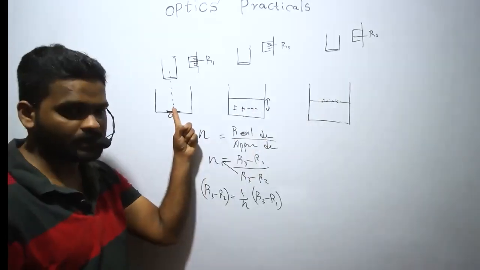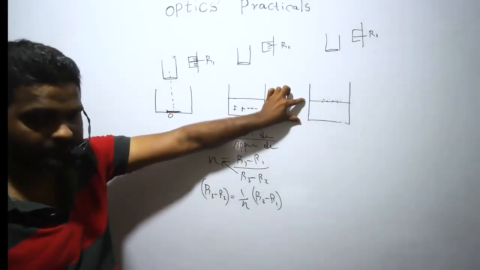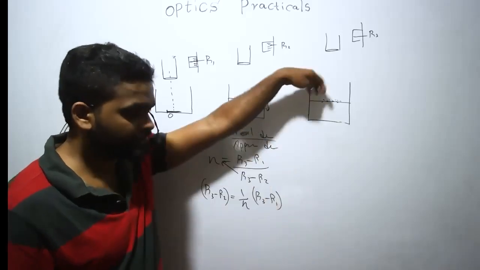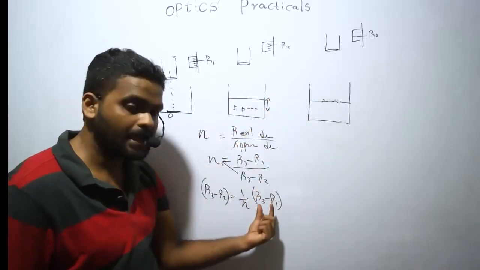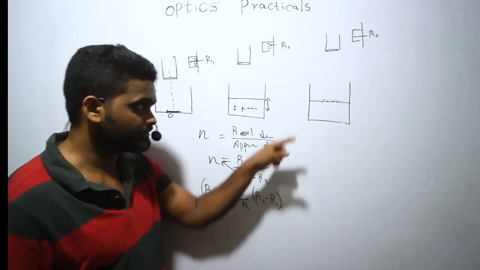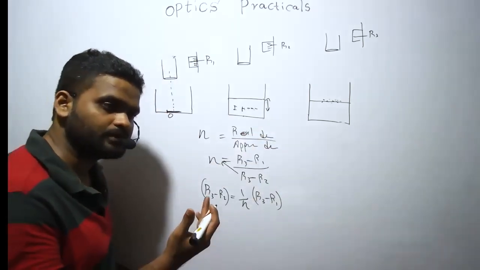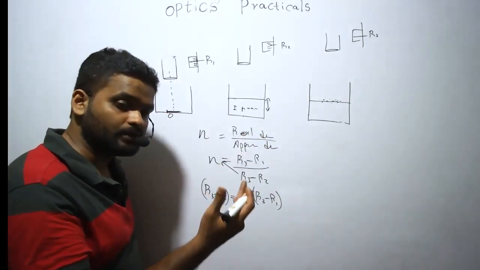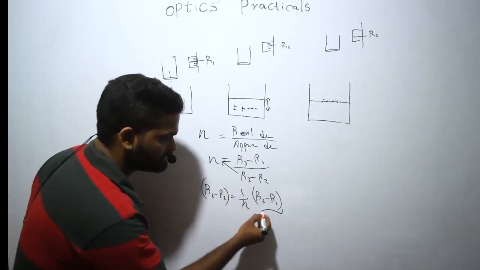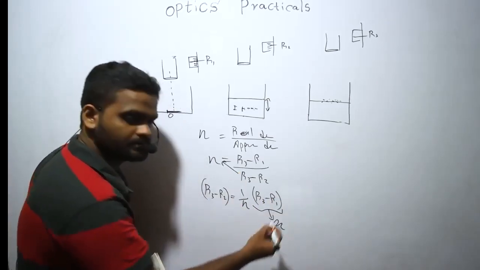R3 minus R1 is the real depth. That is the variable we change, right? By pouring water, you can control this variable easily. So that variable is what we call the independent variable, x. This is what we change first, right?